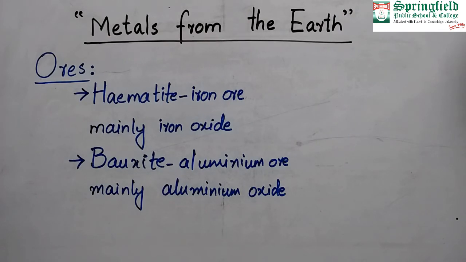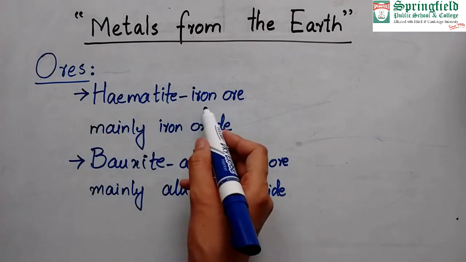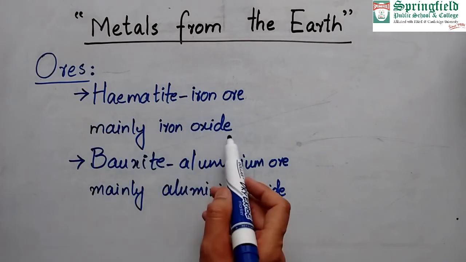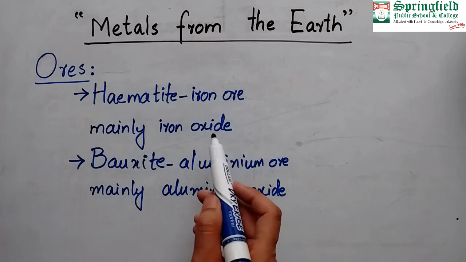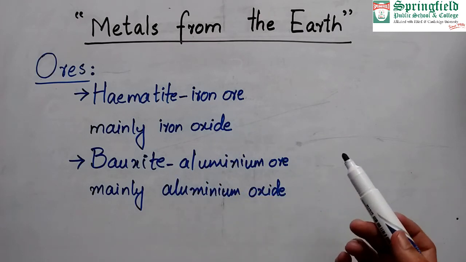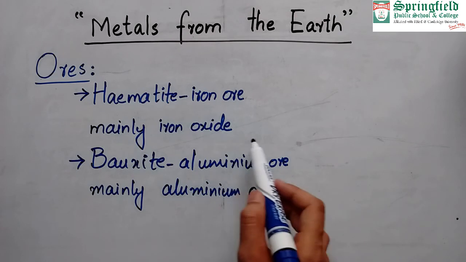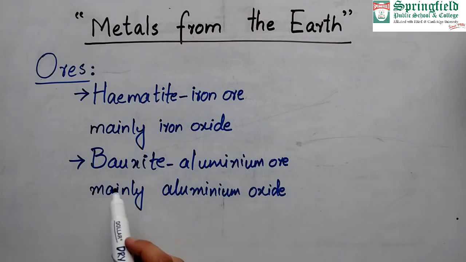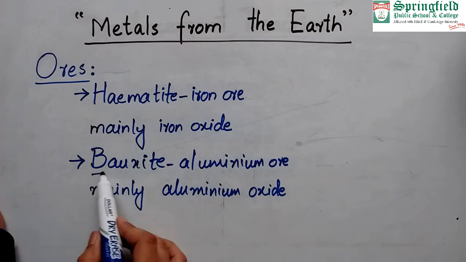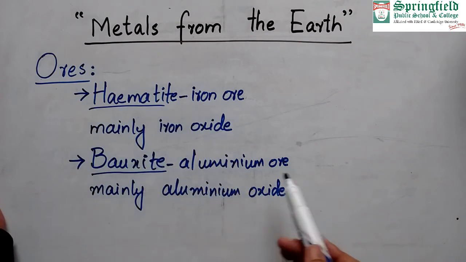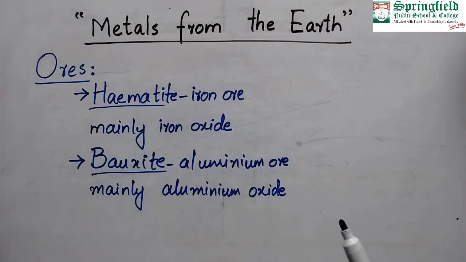Some of these ores are shown on page number 37 in your book. The first one is hematite, which is an iron ore, and it is mainly iron oxide. Mainly iron oxide means there can be some other compounds as well, but the major portion is iron oxide. Similarly, bauxite is the aluminium ore, which is mainly aluminium oxide again.